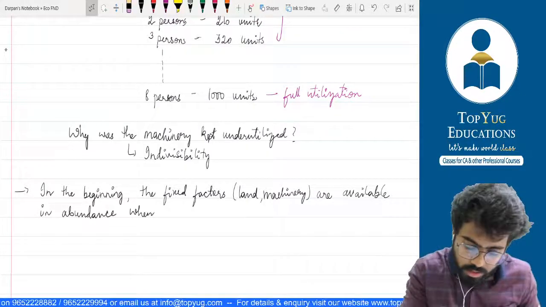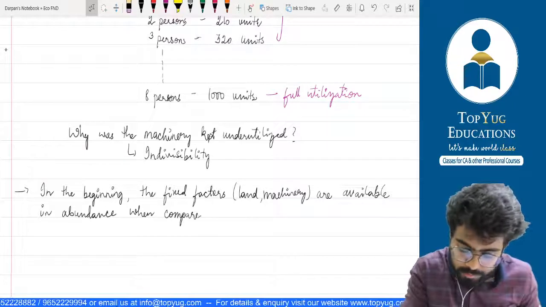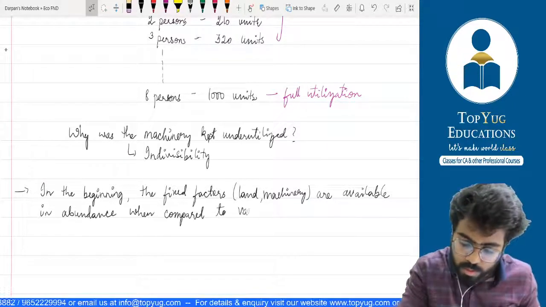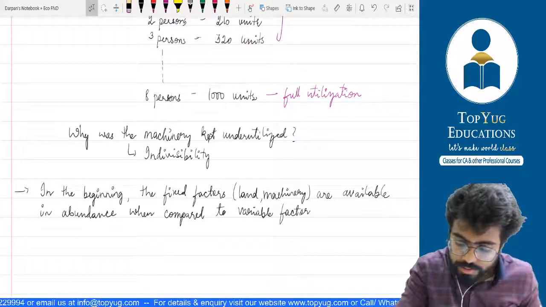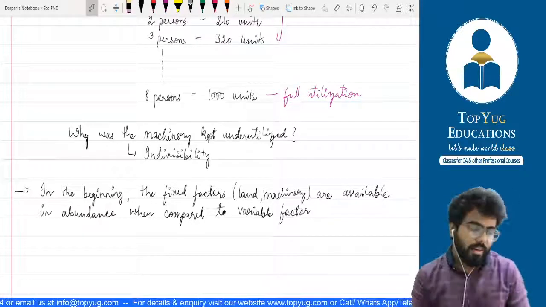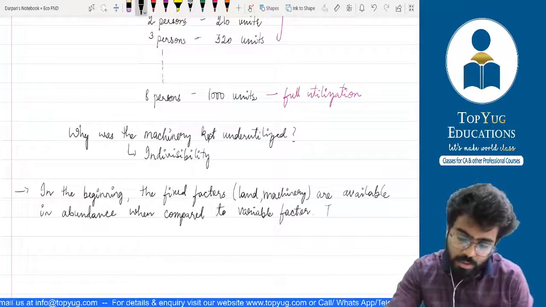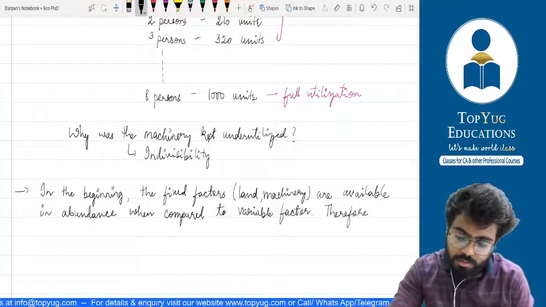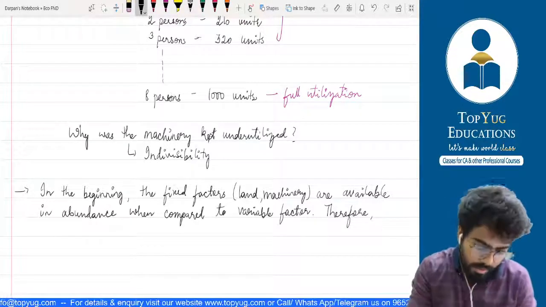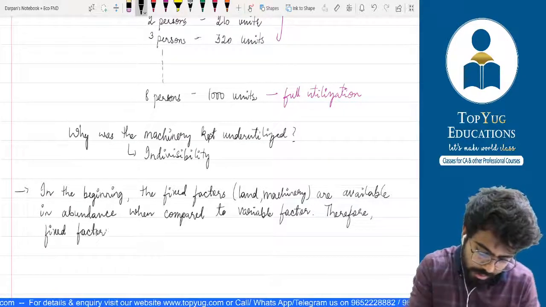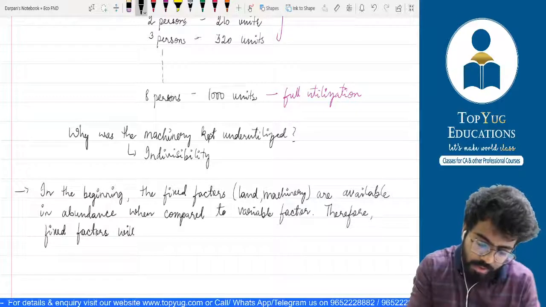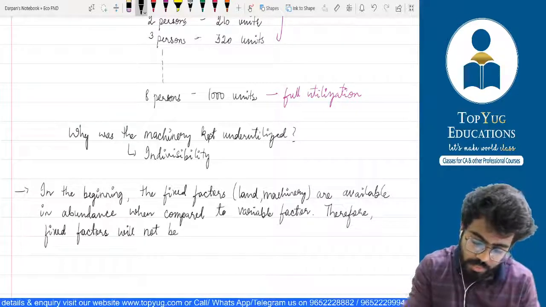When compared to what? When compared to variable factor.